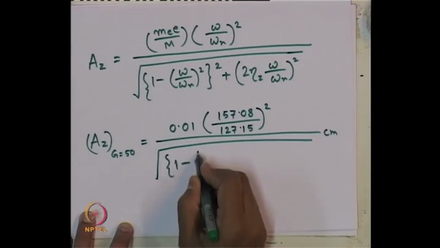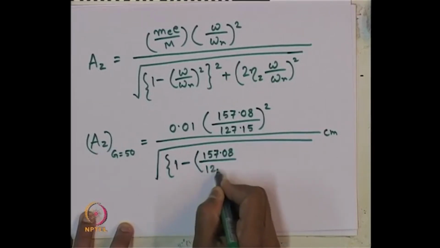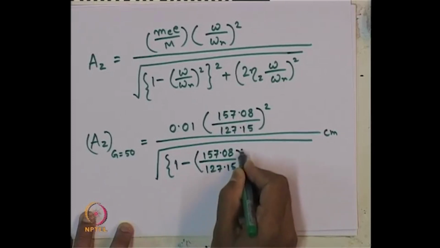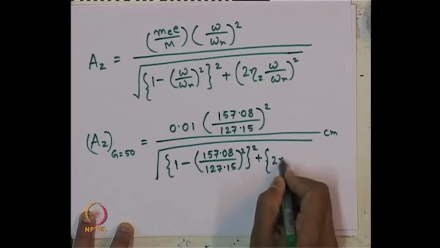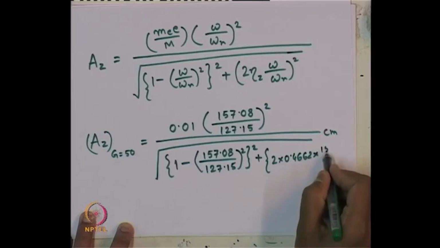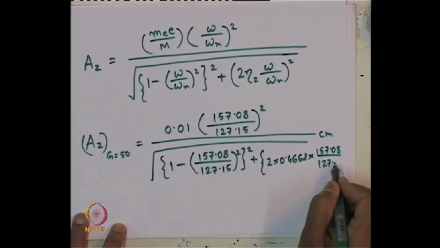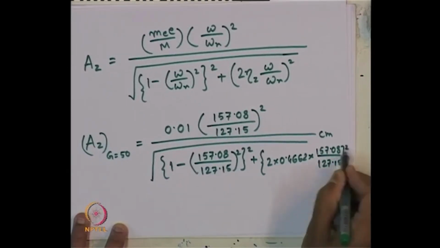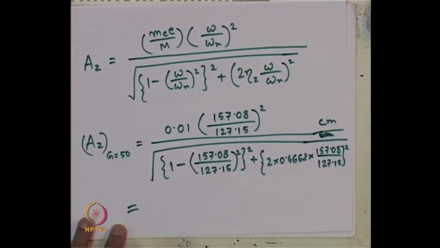And here 1 minus (157.08 by 127.15) whole square, plus 2 into 0.4662 into 157.08 by 127.15, whole square. So, if we simplify this, how much is it coming?